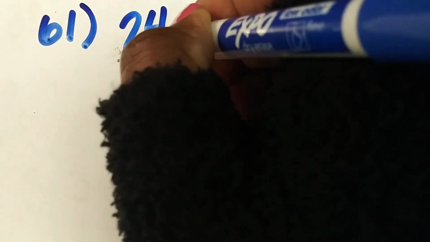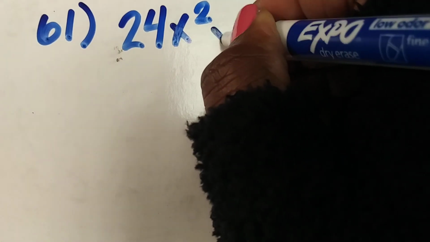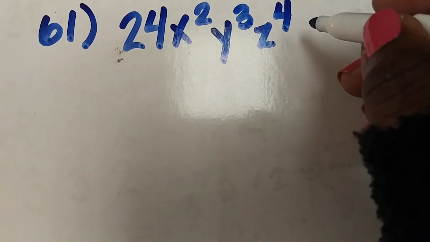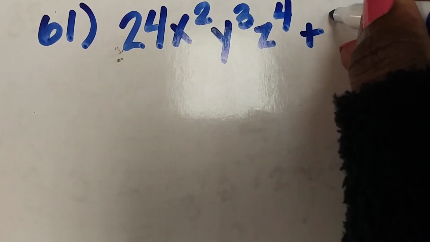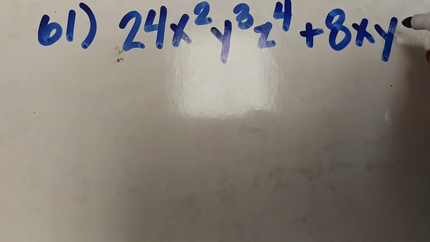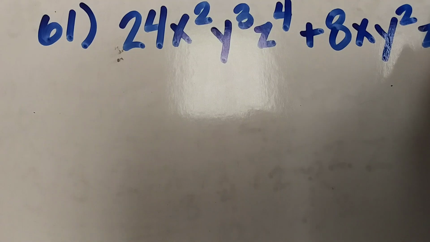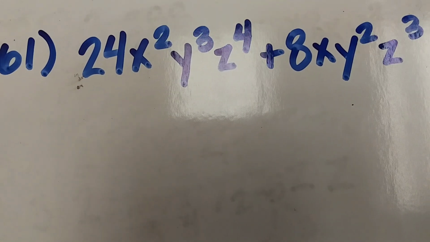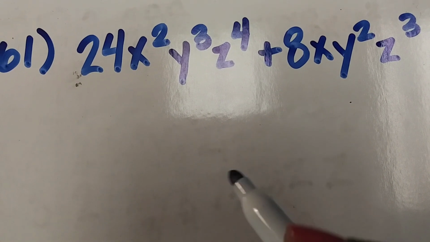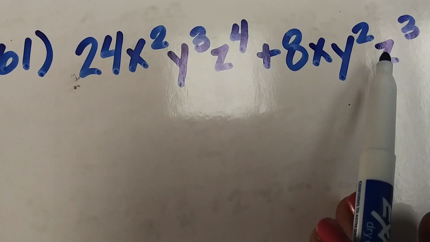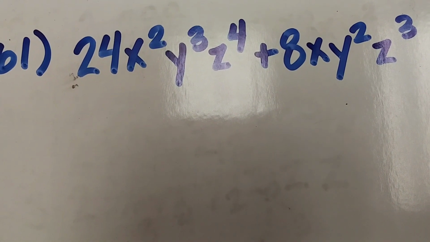We have 24x squared y to the third z to the fourth plus 8x y squared z to the third. Right here, we have 2 terms, a binomial, and we need to see what they have in common.